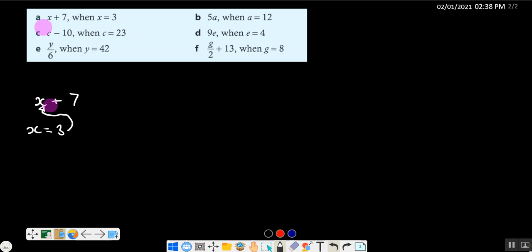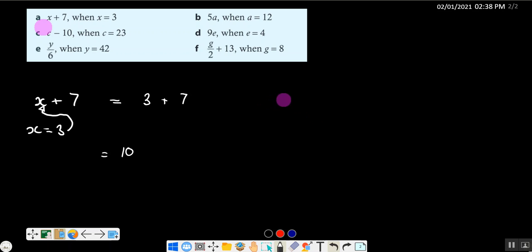Therefore, x plus 7 means the same thing as 3 plus 7. It's the same thing. All right? Therefore, the answer is 10. Make sense? If I change x to a different number, I change the answer, yeah?